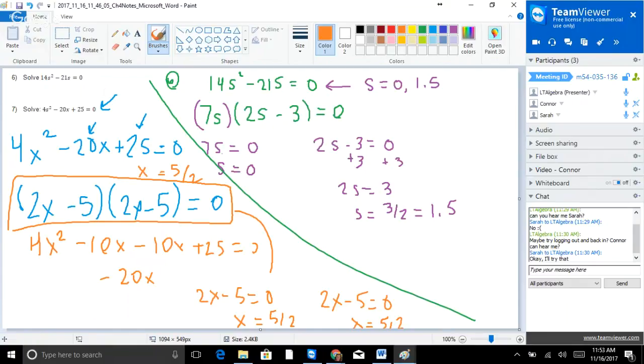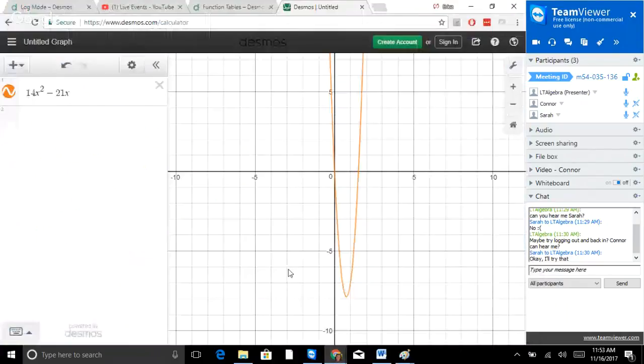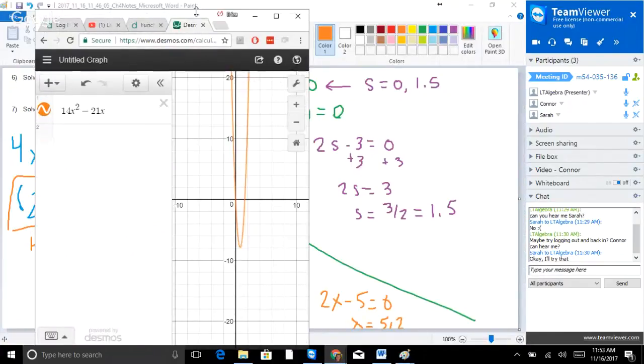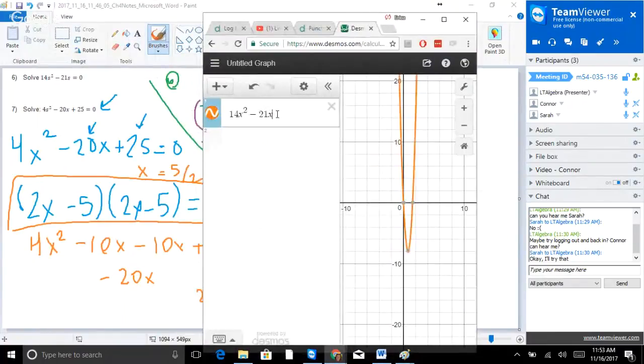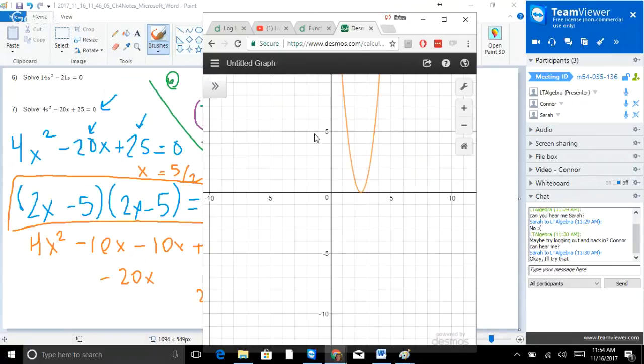Whenever I get something weird like that, or if I just want to double check my work anyway, let me pop it into a graphing tool. Okay. So I have 4x squared minus 20x plus 25. So this is why. Look at my parabola, right?